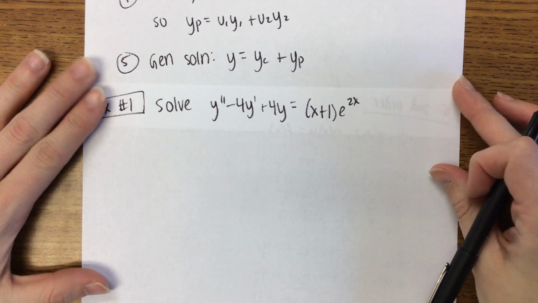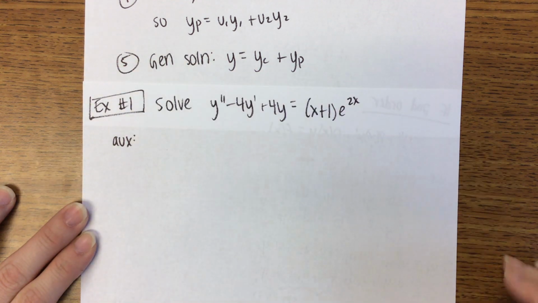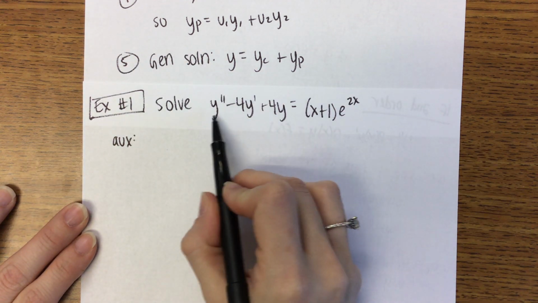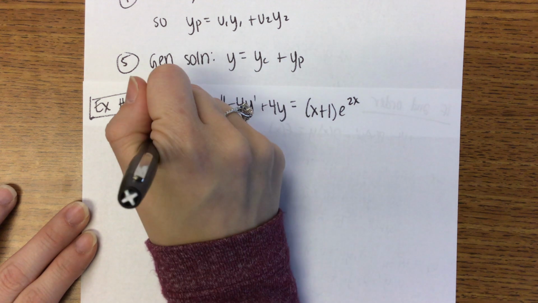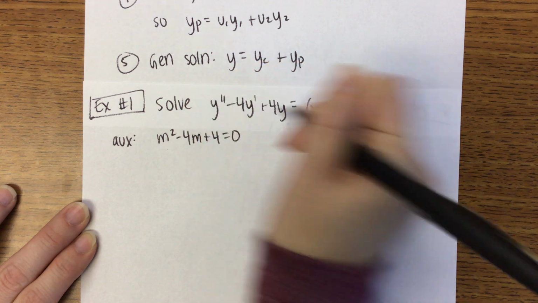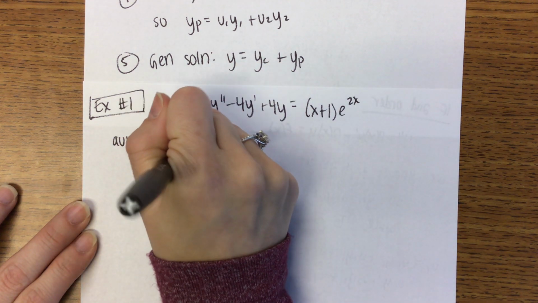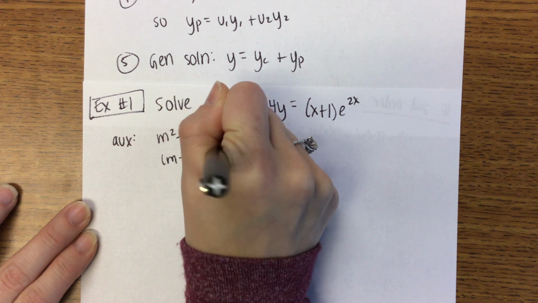First thing we need to do is find the complementary solution. So let's look at the auxiliary or the characteristic equation. Set this equal to 0. We get m squared minus 4m plus 4 equals 0. This factors to be m minus 2 squared.